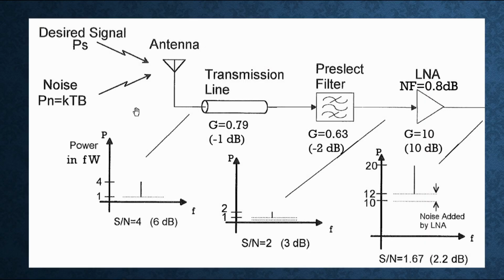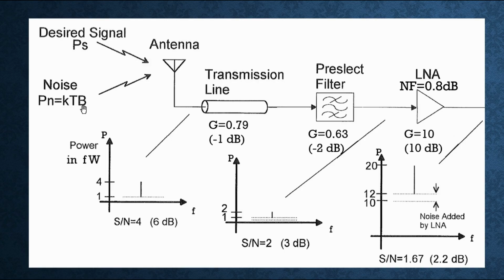So this elaborates what the other block diagram was showing, but we've actually got some circuit components shown. We also have the desired input signal with its power coming in and the background noise with its power coming in. And in the first graph down here, we're showing kind of a little spectrum analyzer trace where the background noise is 1 femtowatt.